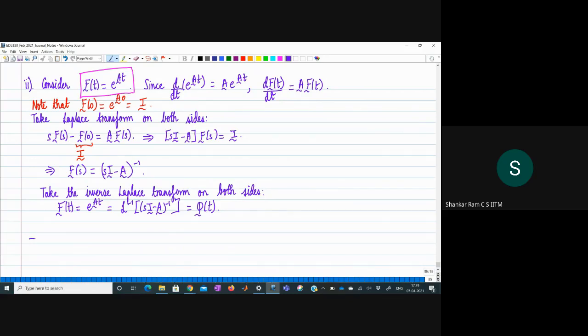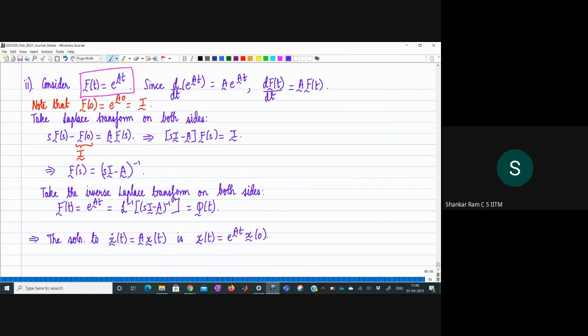So this implies a solution to x dot of t equals A x of t is x of t equals e power At x0.